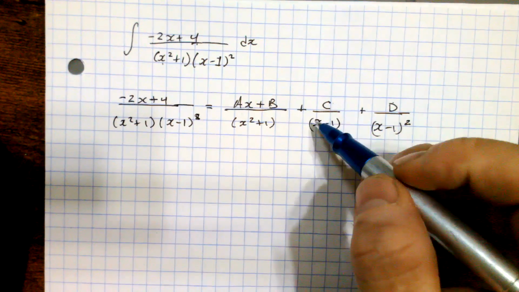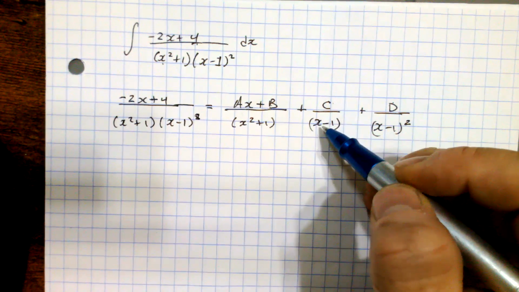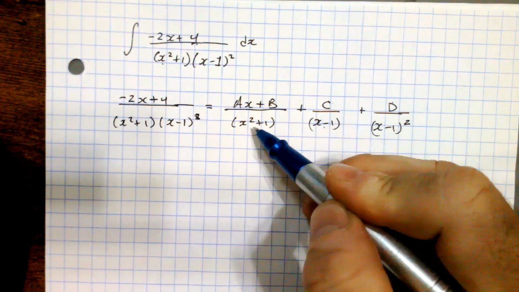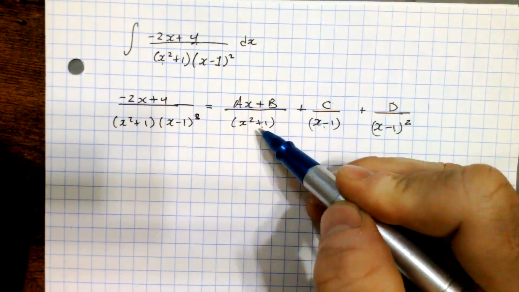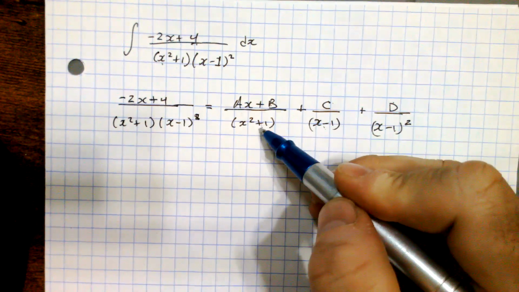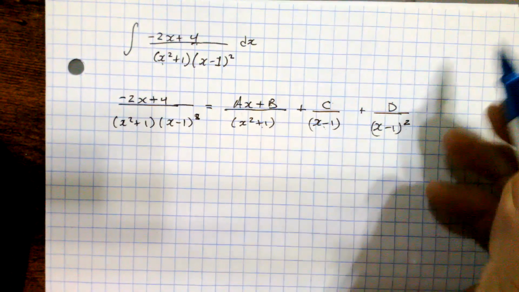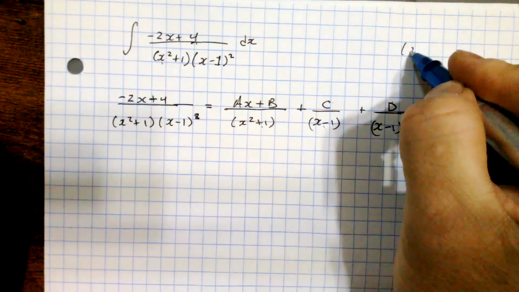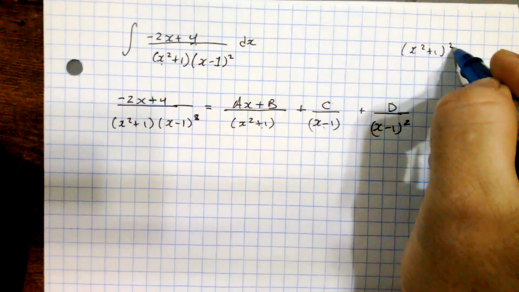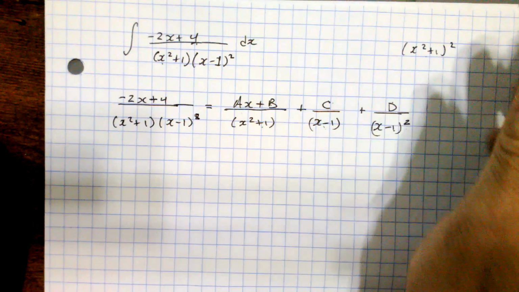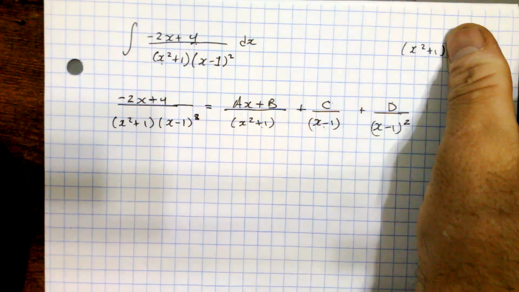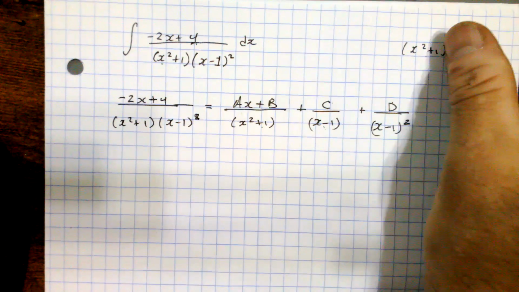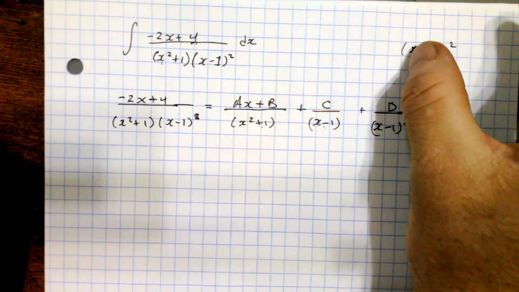If this had been a repeated combination, if we wanted to get really hard, what if you had an irreducible quadratic in the denominator that was a repeated root? So something like x squared plus 1 squared. What would that look like? Well, you'd have a linear factor like this, and then you would have another linear factor, but you'd also have this on top as well.